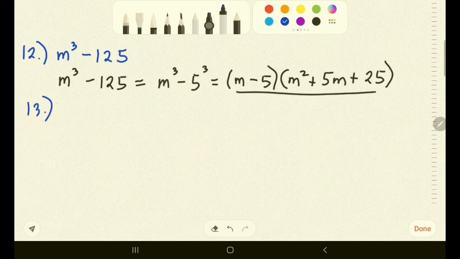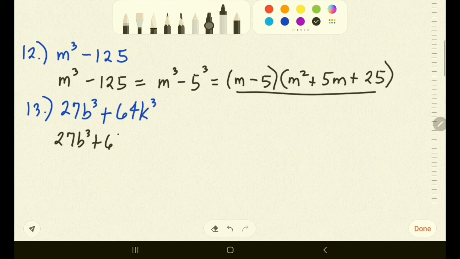Okay, number 13. For number 13, you have your 27b cubed plus 64k cubed. Okay, this is also the sum of two cubes. 27b cubed plus 64k cubed.